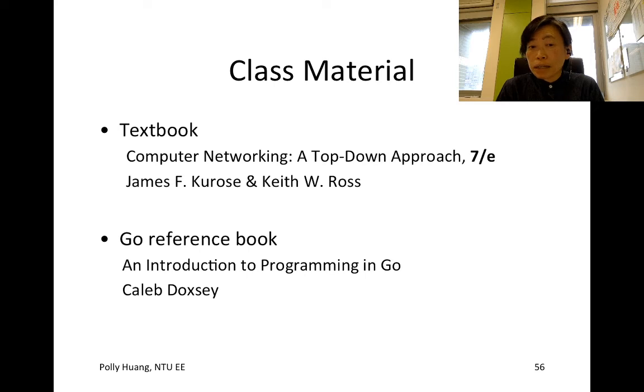It's very well written with quite a bit of pictures and examples, so it's easy to follow. So if you don't catch too much of what Polly is saying, if you prefer reading rather than watching videos, this is definitely the material you want to dig into, and you can go as fast as you can. And if you have questions as you read through the textbook, feel free to come ask us.